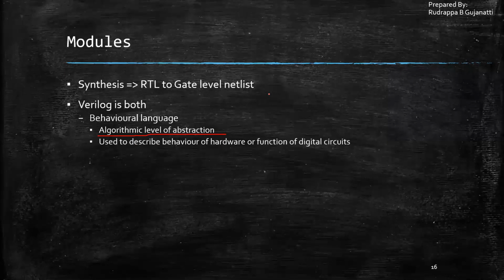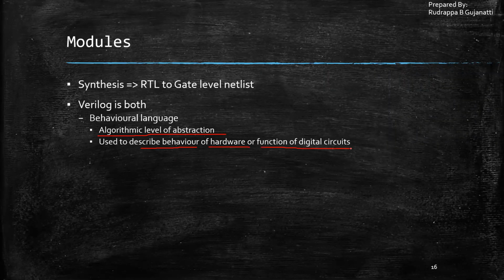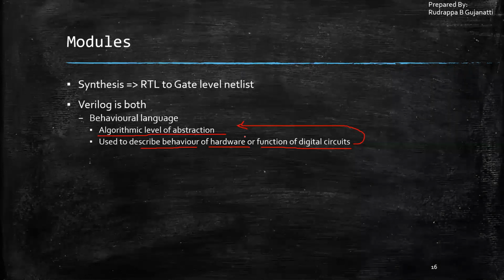Then apart from this, we make use of a behavioral language to describe the behavior of the hardware or the function of the digital circuits. We define this in a very abstract way, in a language which is easy to go through or easy to code around.